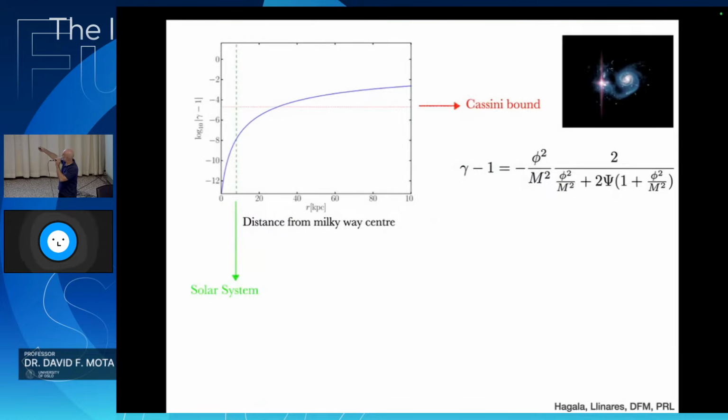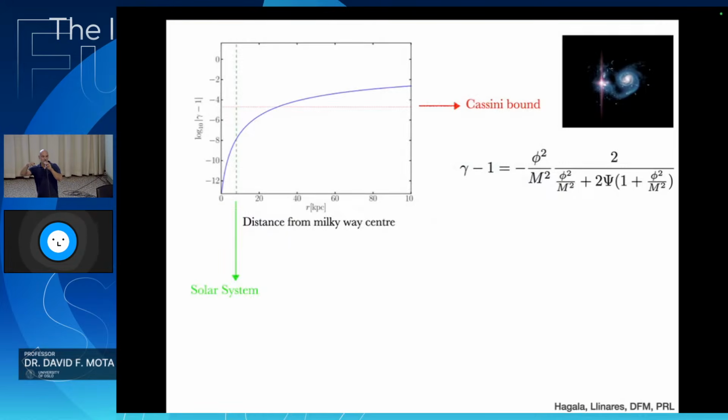But as I go to the outskirts, to 8 kiloparsecs, that's my solar system, my scalar field is already not zero because the density changed a little bit, so it gains some profile. And if I go to the outskirts of the galaxy, the scalar field gains even more profile. So the gamma PPN parameter becomes different from 1 as I go to the outskirts of my galaxy because the density becomes lower, so there's less screening.